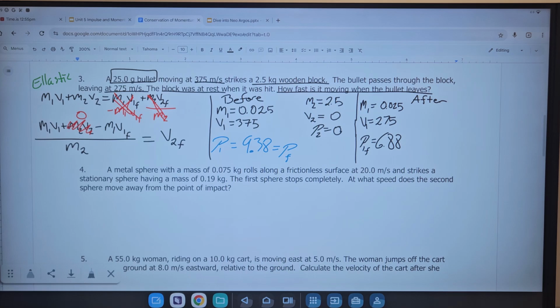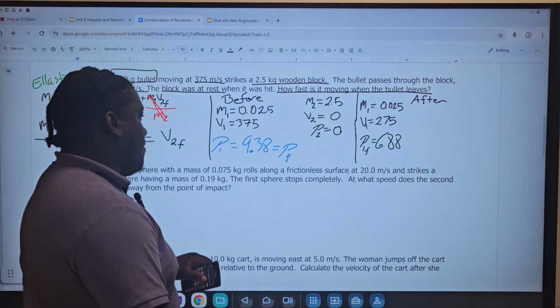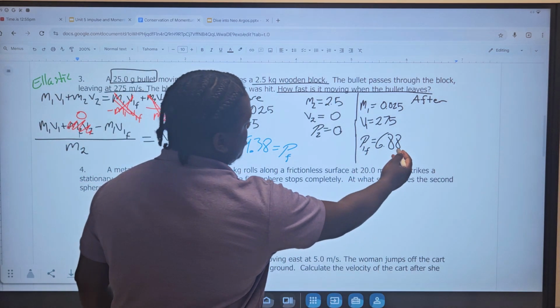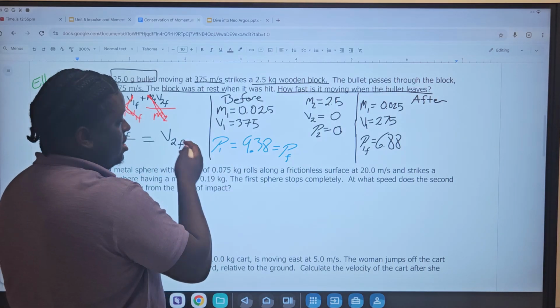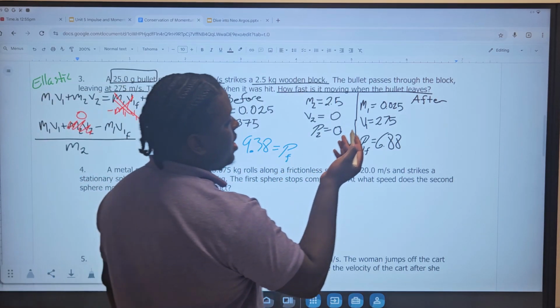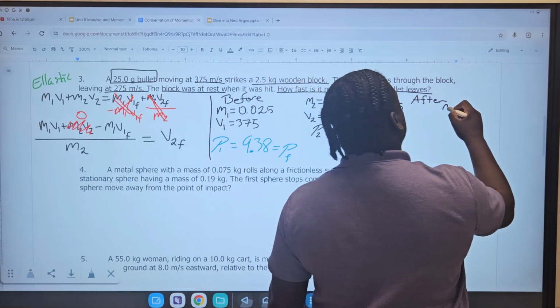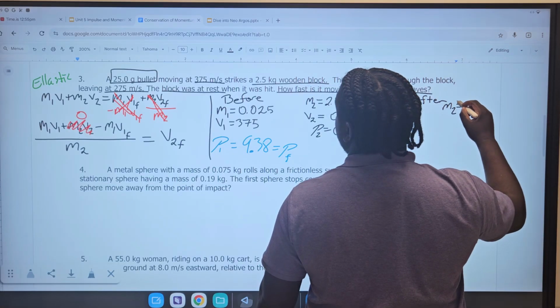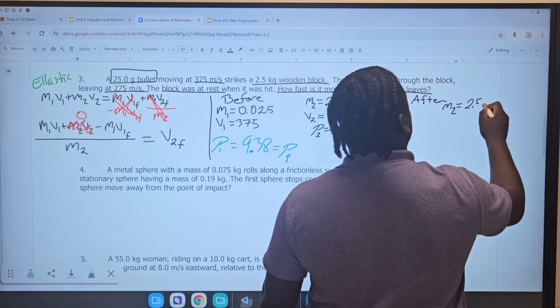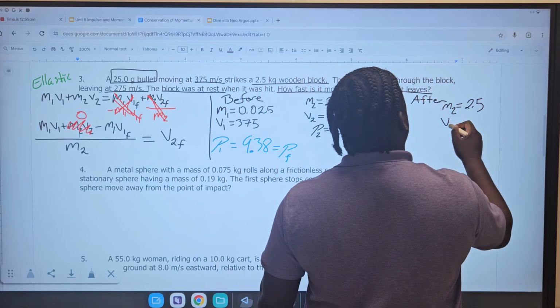So then whatever's left over should be in our block. Right? That should make sense. If our bullet has this much momentum, but our total is different, the leftover momentum should go to our block. So M2 should be 2.5. And the velocity we don't know.